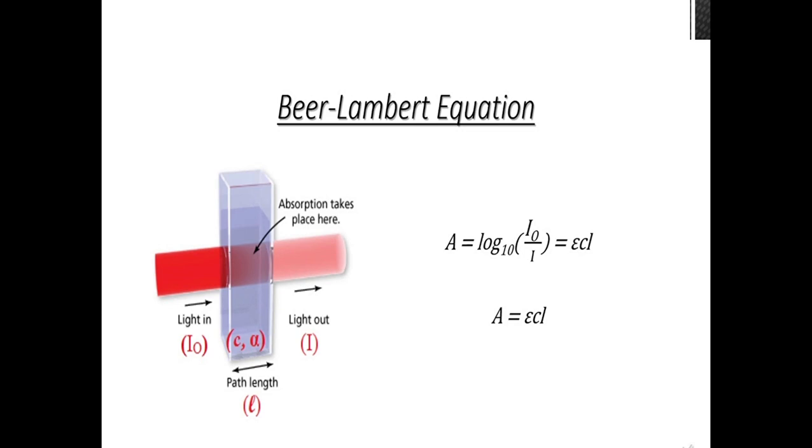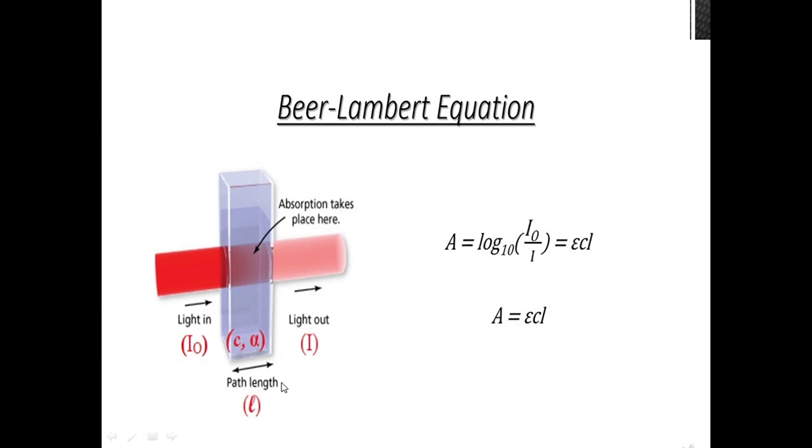The combination of Beer's and Lambert's law is that the absorbance is directly proportional to the concentration of the solution. So the absorbance depends on the molar absorption coefficient, that is A equals epsilon times c times L, where A is absorbance, epsilon is the molar absorption coefficient, c is the molar concentration of the analyte in the sample, and L is the path length, the optical path length of the light.